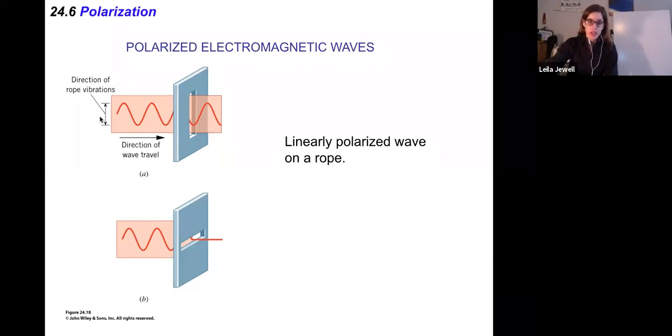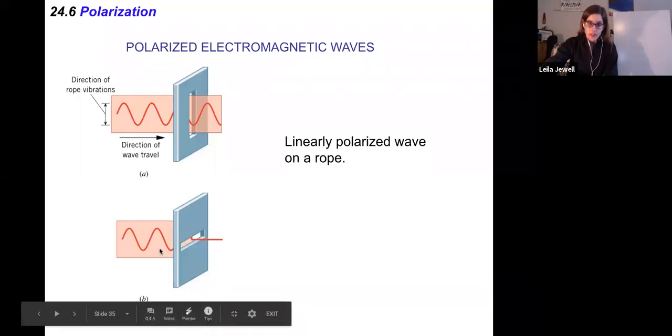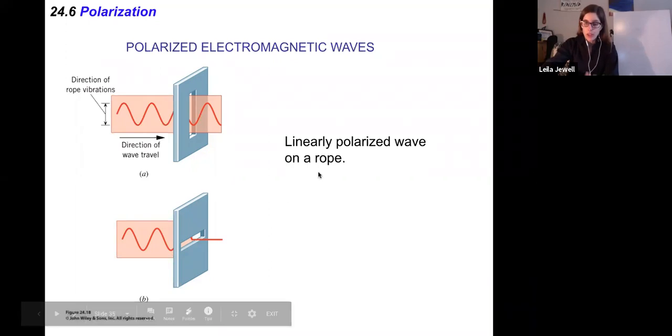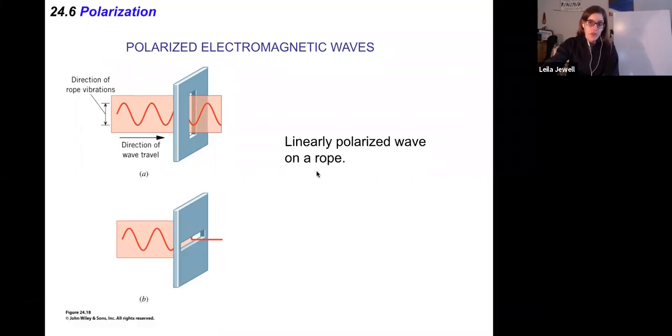If the rope is oscillating up and down, then if you have an opening that's vertical, that wave can pass right through. But if the wave is going up and down, but your opening is side to side, then your wave will not be able to make it through. We can do this with a rope or with a spring, but it also applies to light or electromagnetic waves.